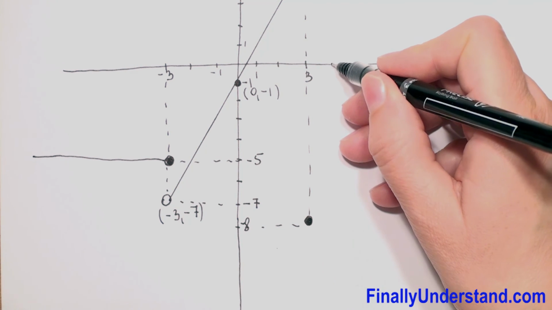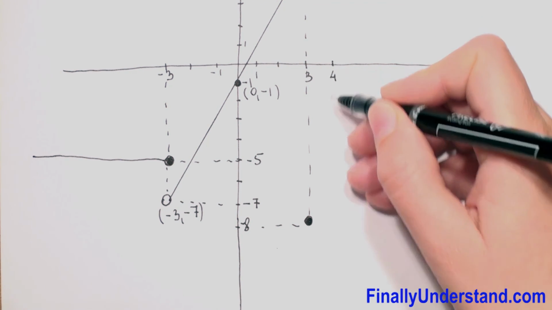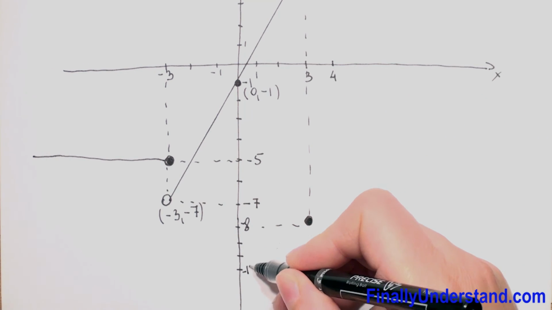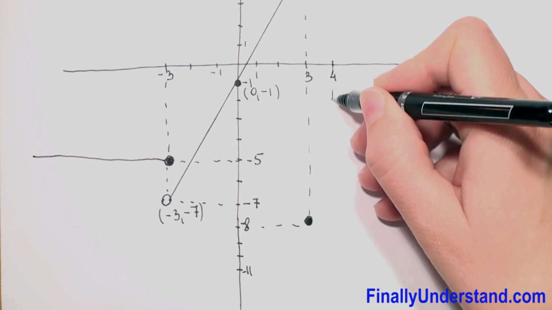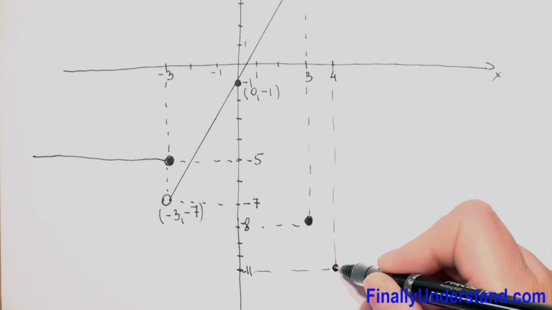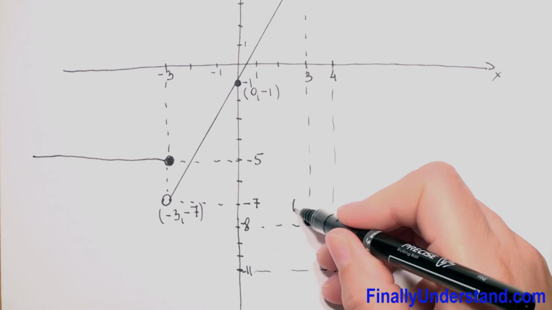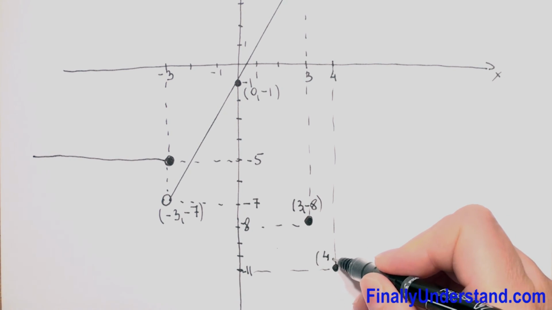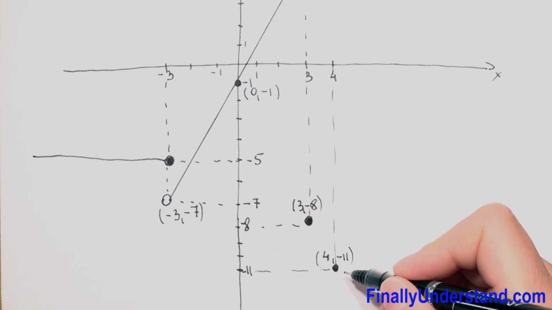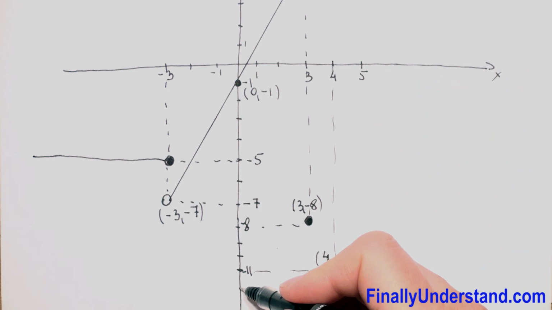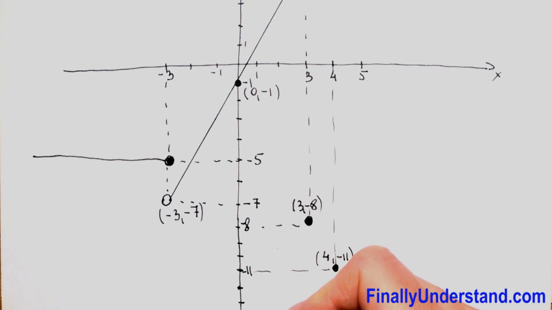Next we have 4, negative 11, negative 8, 9, 10, negative 11. So let me connect this. This is our second point. Here we have 3, negative 8. Now we have 4, negative 11. And the third point is 5, negative 14, negative 11, 12, 13, 14.